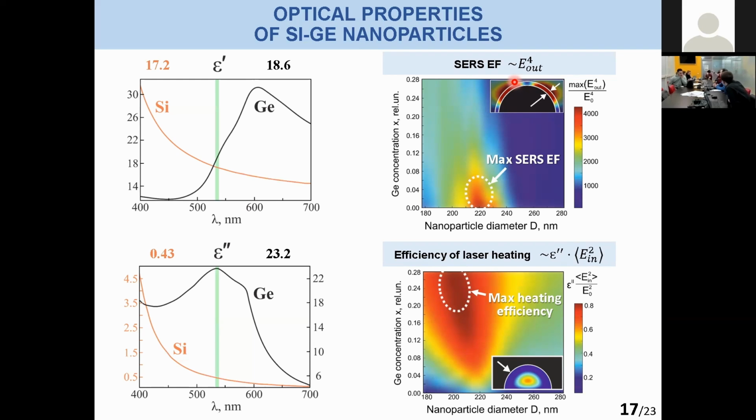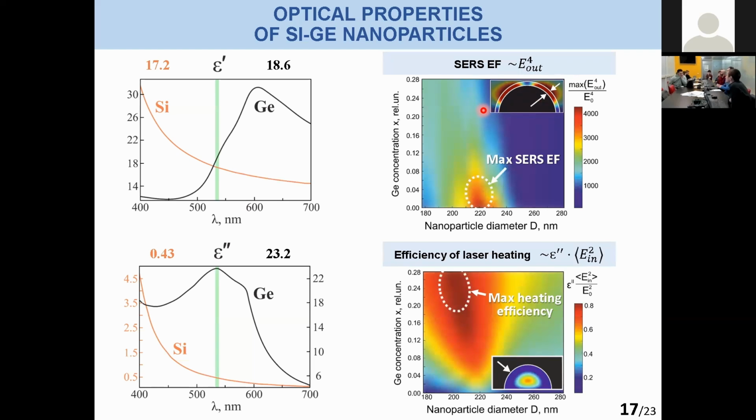I also have questions regarding the right side figures. First of all, E out, what is it, the maximal field? It's just the averaged field in the vicinity of the nanoparticle. Is it averaged too, like around 5 or 10 nanometers?